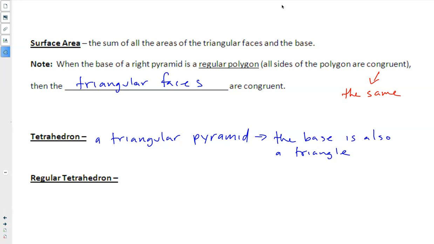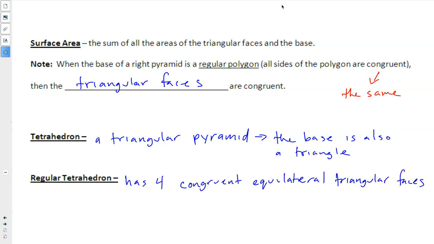So a regular tetrahedron has four congruent equilateral triangular faces. All I'm saying here is that all four sides are the same. All right.